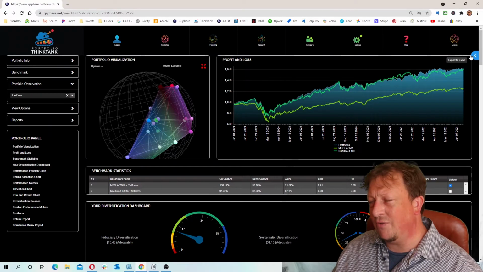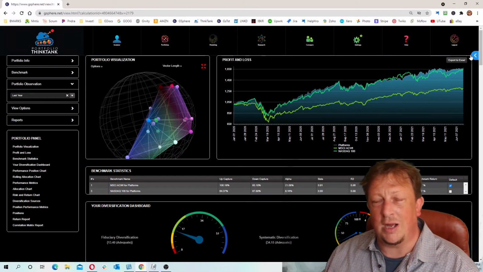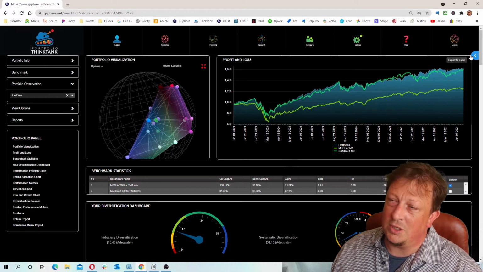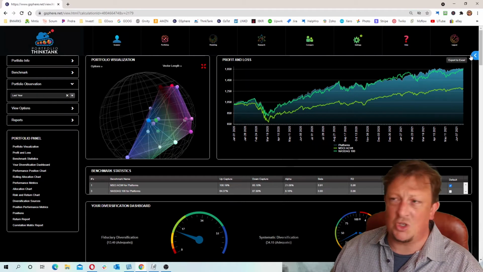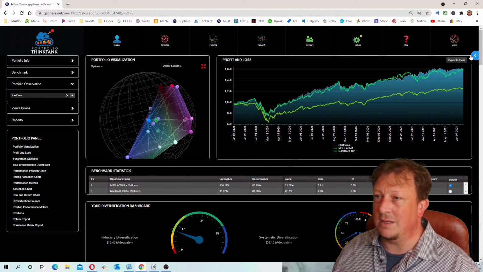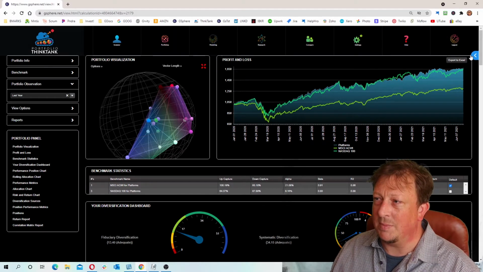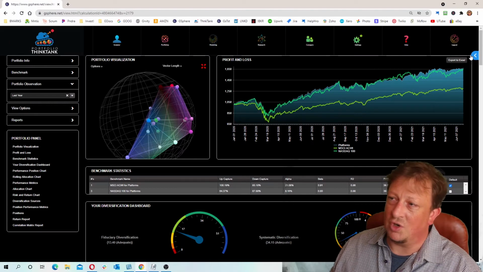Yellow could be forgivable if you've got exemplary other attributes. So in this case, we're in the green, and blue just means more than enough. You can never have too much diversification, but you never need certain amounts either. So I'm in the green on total diversification, or fiduciary diversification.